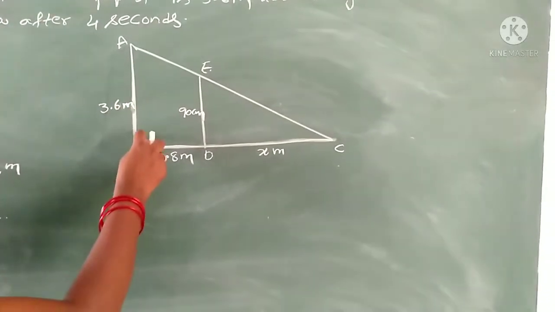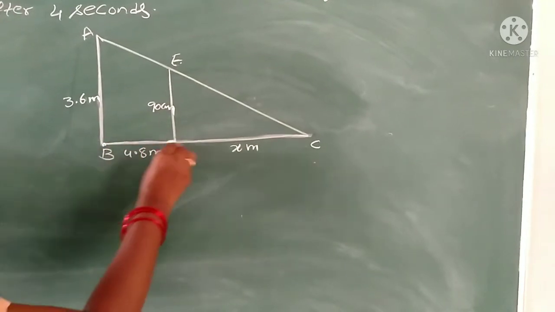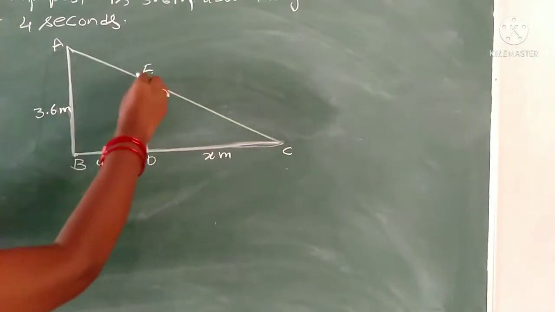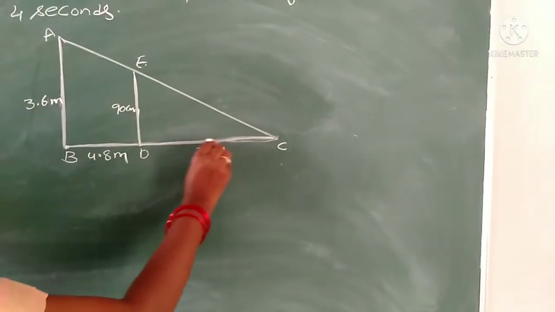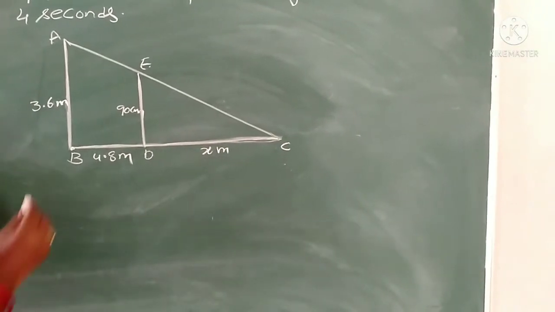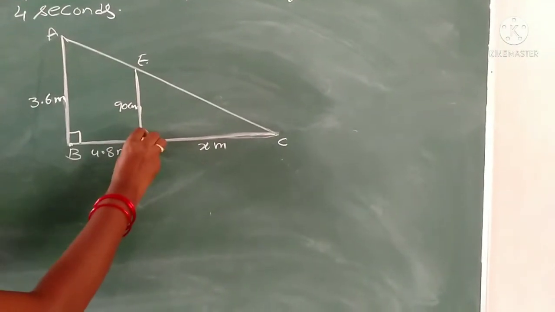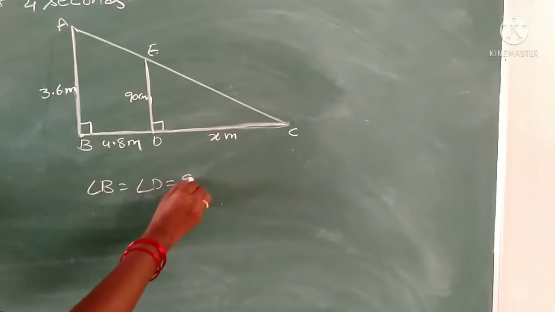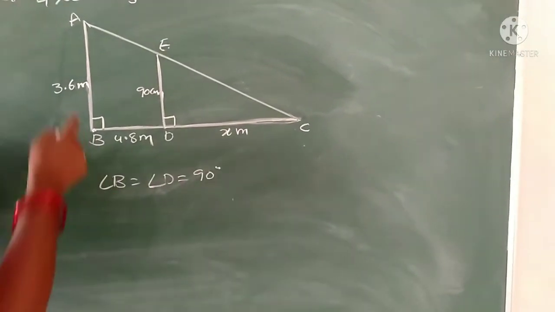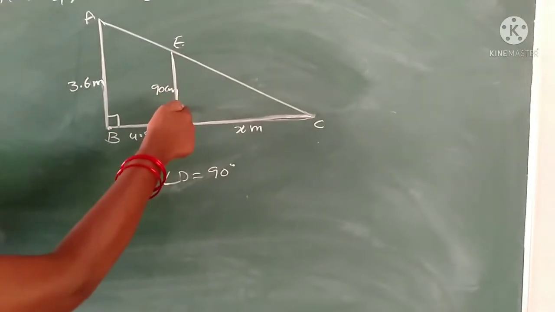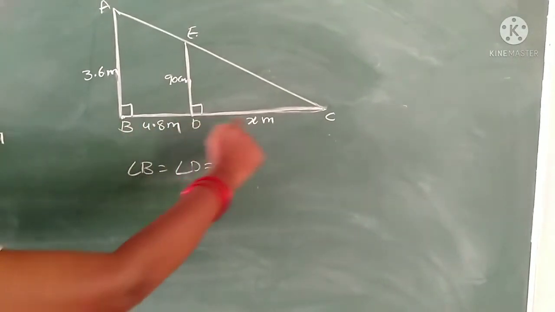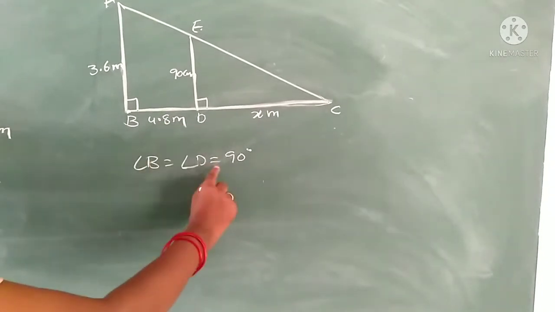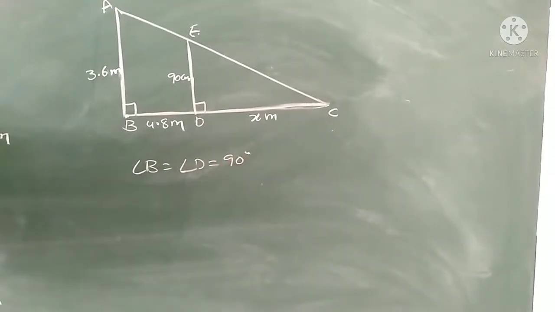We take these two triangles: ABC is one triangle and DEC is another. Angle B equals angle D equals 90 degrees, because the lamp post and the girl are always perpendicular to the base.